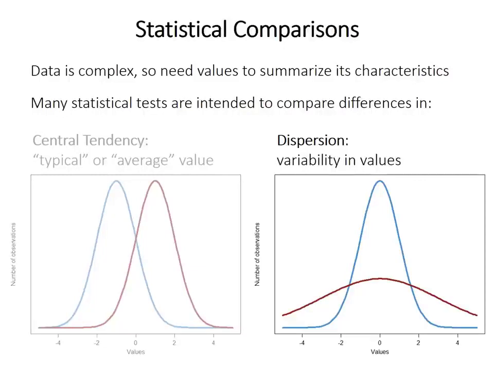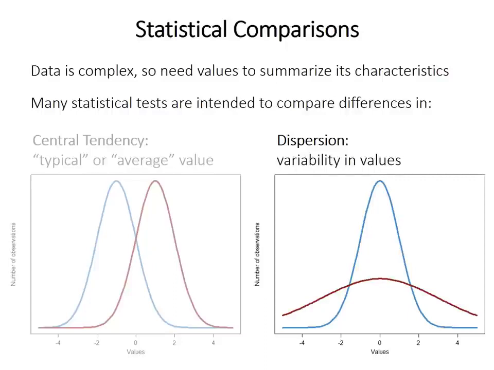And so you learned in the previous video about measures of the central tendency or the average, and this video introduces measures of dispersion or the variability of values in the data. And we'll move on later to discussing ways that you can use statistical hypothesis tests to distinguish between dispersion in different samples.